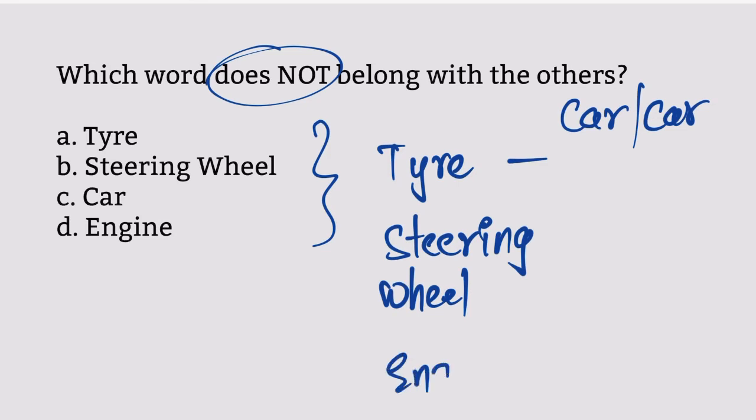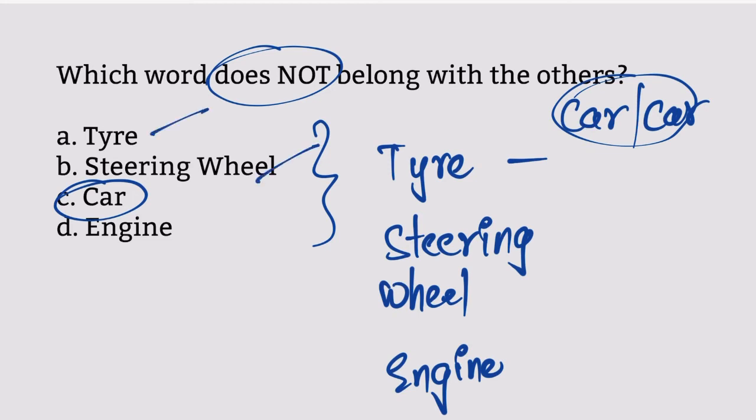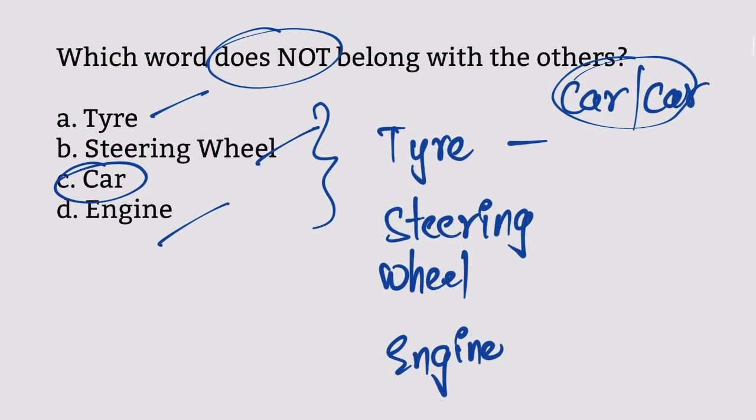Then we have engine, once again a part of the car. Then we have the word car itself. It is very easy for us to pick the odd one out because tire, steering wheel and engine are the various parts of the 4-wheeler, that is in this case car, and car itself cannot be considered as a part of itself. Therefore the odd one out here would be the word car.